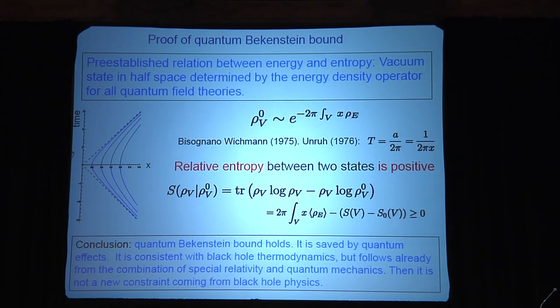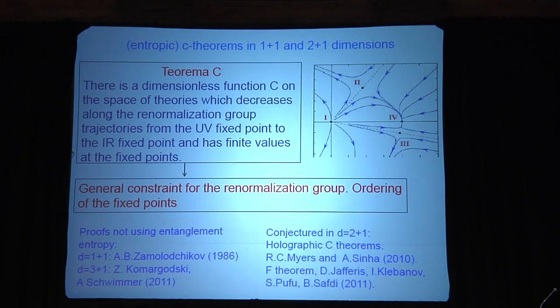So let me then change to the second application, which is C theorems in two dimensions and three dimensions. The C theorem states generally that there is a dimensionless function that is well defined on the space of quantum field theories, which decreases monotonically from the ultraviolet fixed point to the infrared fixed point along the renormalization group trajectories.